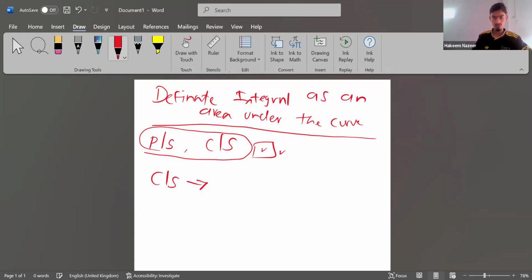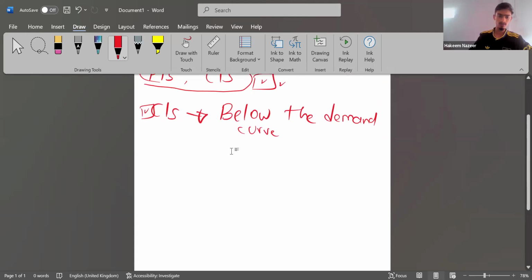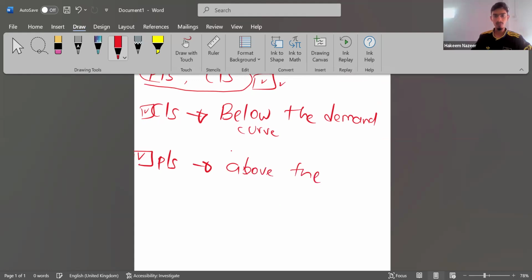Consumer surplus. To identify the consumer surplus, we need the area below the demand curve, right? In producer surplus, we need the area above the supply curve.